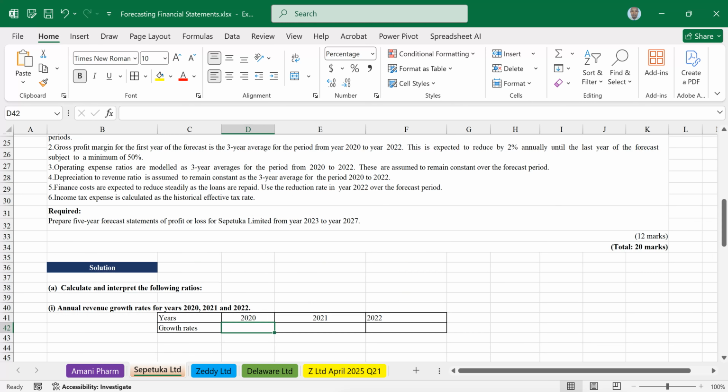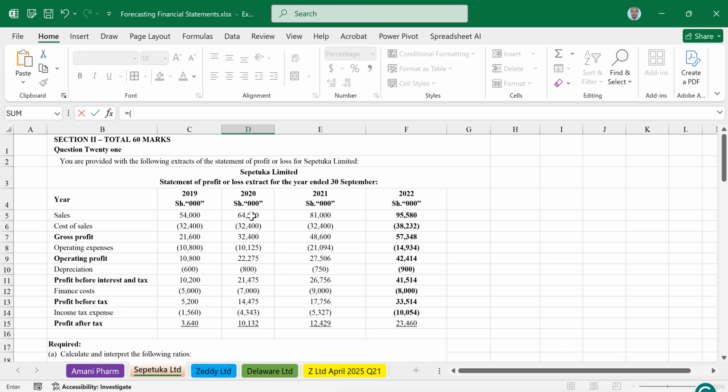So that will be equal sign, open bracket, scroll up and click on the revenue for 2020, minus the revenue for 2019, close bracket, then divide with the revenue for 2019.